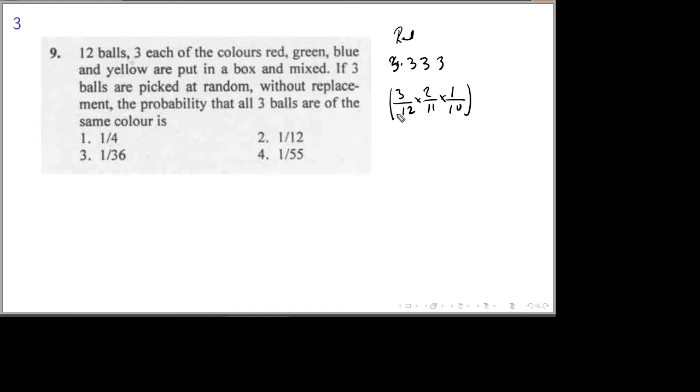So this is the probability that all 3 balls are red. But you just need all 3 balls to be the same color, so it need not be red. There are 4 colors, so multiply by 4. You get 4 times 3 by 12 times 2 by 11 times 1 by 10, which is 1 by 55. Okay, it's quite easy.